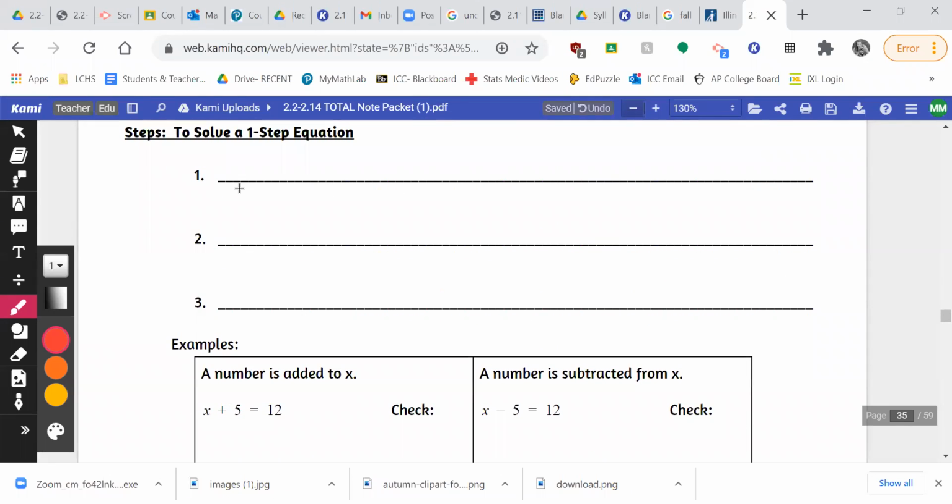So in order to solve a one-step equation, which you should be familiar with, there are 3 steps. The first step is to identify the operation performed on the variable.